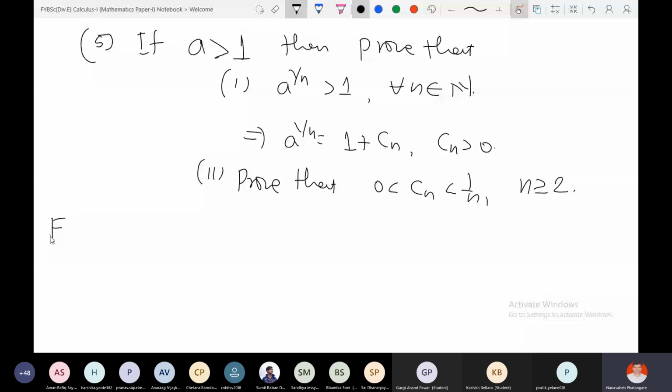Now, at the time of induction, we discussed Bernoulli's inequality, which is also essential for further work. What is Bernoulli's inequality? Does anybody remember?